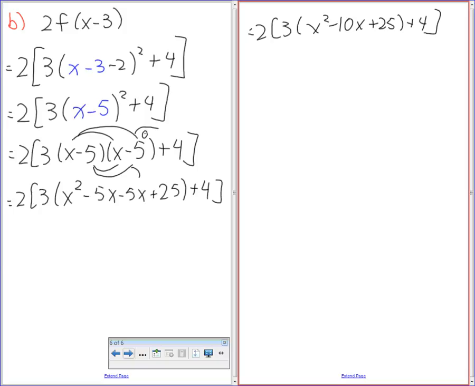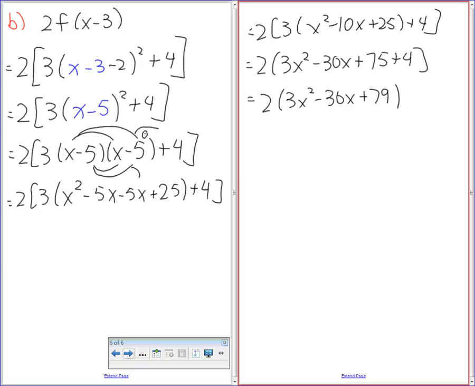Yeah, Fred? Yeah, multiply the 3 in. Remember, you're still working inside the bracket and working your way out. So it's 2 times 3x squared minus 30x plus 75 plus 4. Which is 2 times 3x squared minus 30x plus 79.